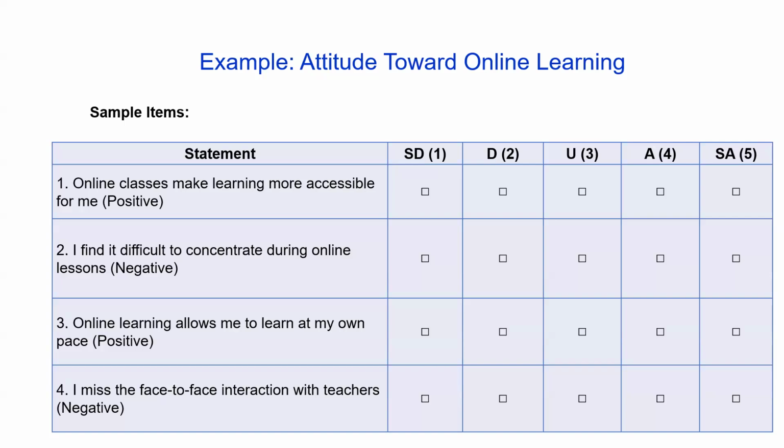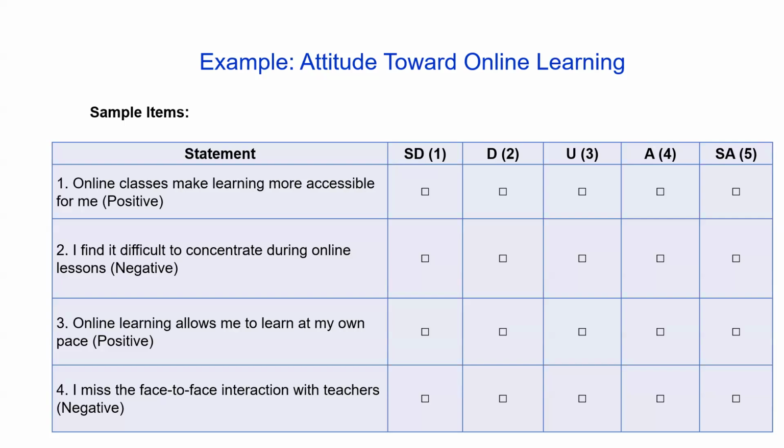Now let's say 1 mark is strongly agree. I strongly agree with that statement. What is the statement? I find it difficult to concentrate during online lessons. It's very difficult; you totally agree with that statement.